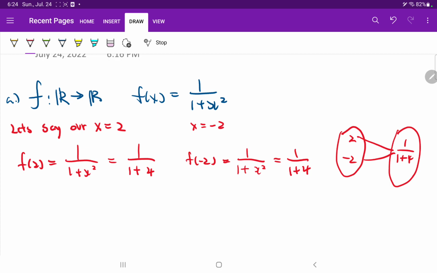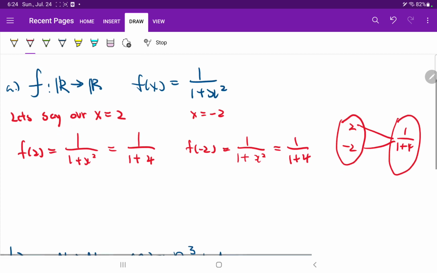Well, it's not surjective either, because you have to look at the detail of our codomain. In a surjective function, what matters is the codomain. In this case, our codomain is all real numbers. But if you look at our function, f(x) is 1 over 1 plus x squared.